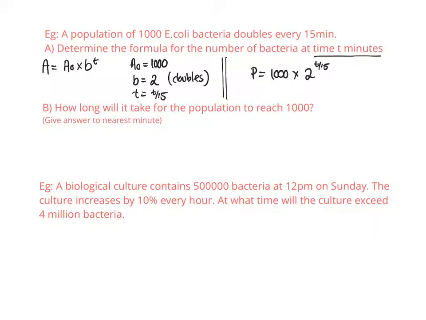How long will it take for the population to reach 10,000? Give your answer to the nearest minute. So you want the population to be 10,000, so P's got to equal 10,000. So we go 10,000 equals 1,000 times 2 to the power of T over 15.